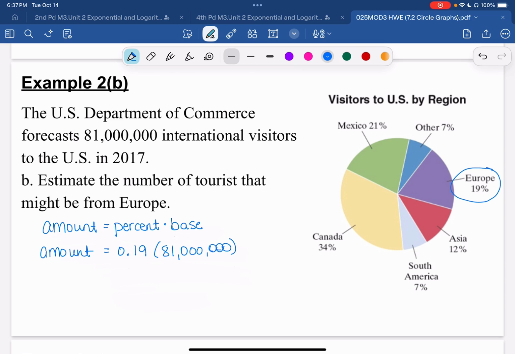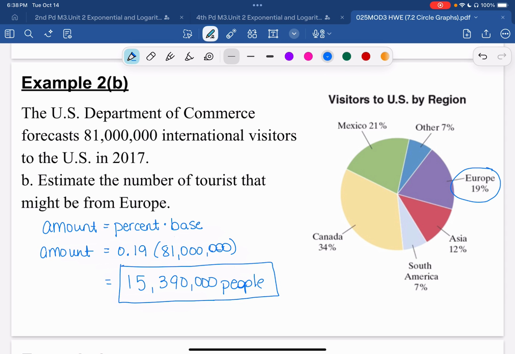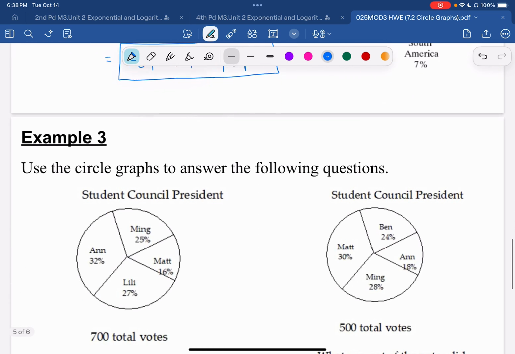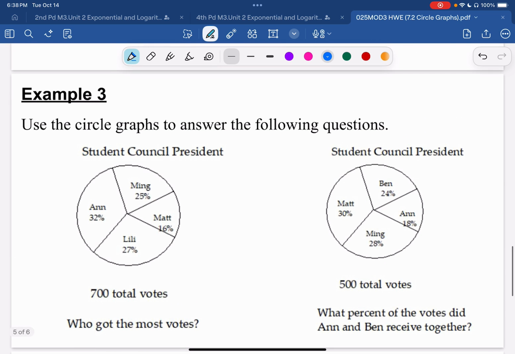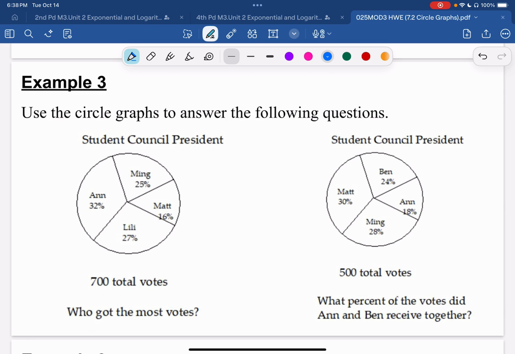And I'm just going to multiply that out. So that leaves me with 15,390,000 people. So sometimes you'll find percentages, sometimes you will find actual values. Okay?